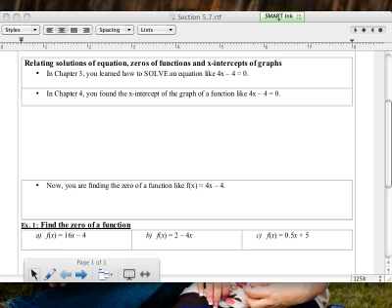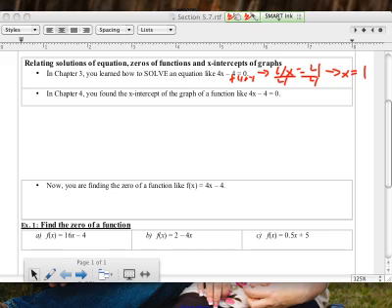You all know: add 4, so 4x equals 4, divide both sides by 4, and that tells me that x equals 1.